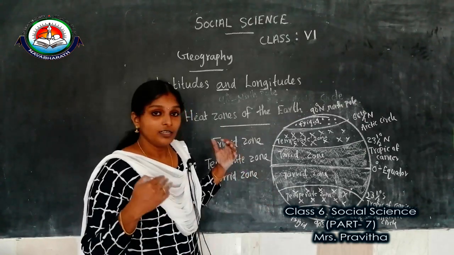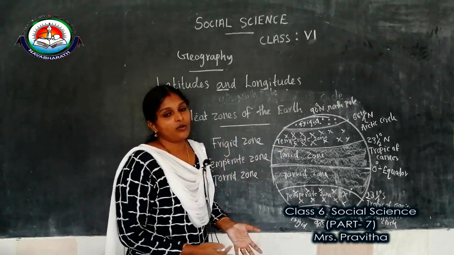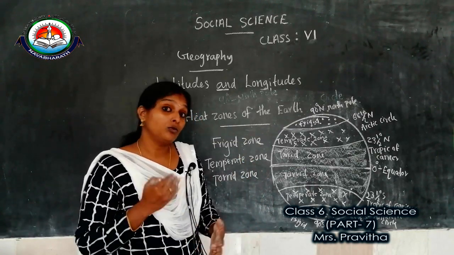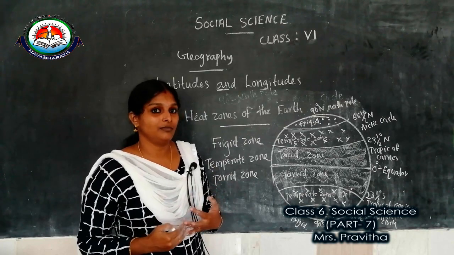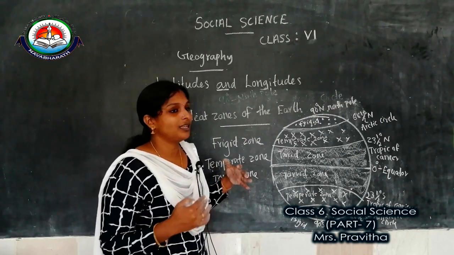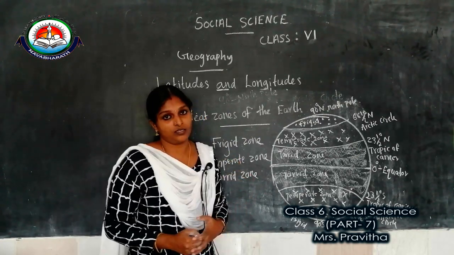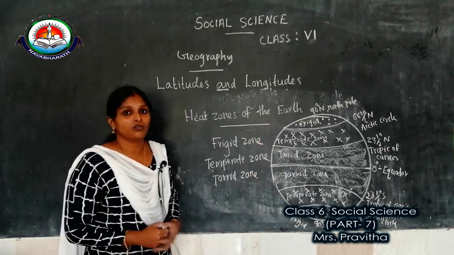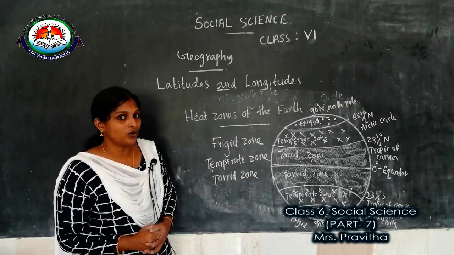That is the speciality of the equatorial region: a wet climate throughout the year, so they can't feel that hot. Clear children? These are the three heat zones of the earth.